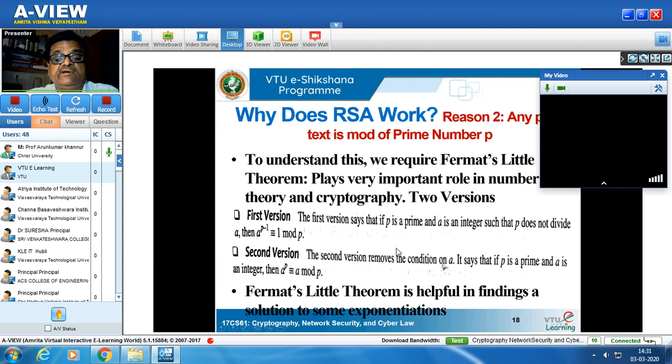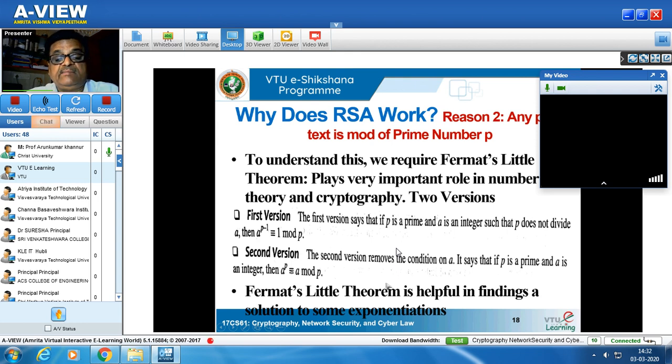A is an integer value, P is a prime value, A raised to P. Whenever we carry out the division operation on A by P, what value will be remaining? Remainder. So that is equal to A.